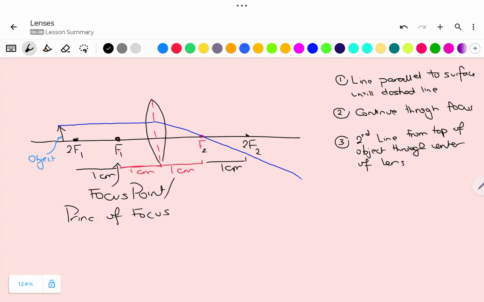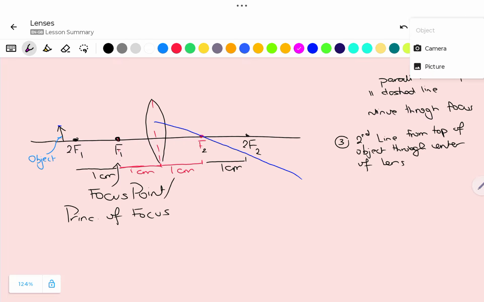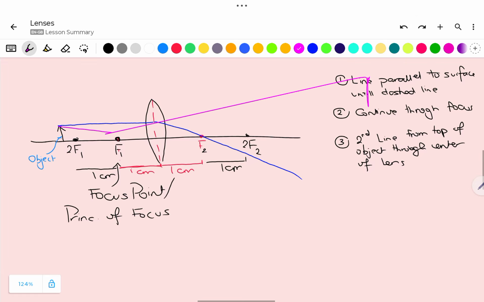Okay, so we're going to take another line and we're going to draw it through the center of the lens. All right, so I don't have a ruler. I'm worried I would ruin this. Okay, I hope I got it right. I hope so.